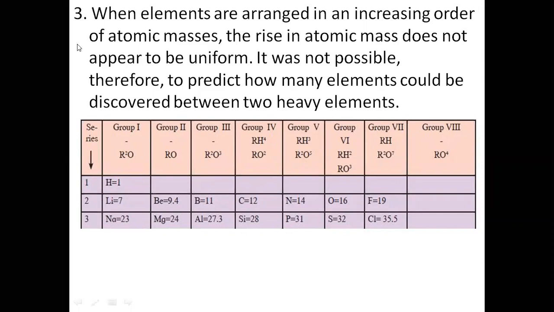Similarly, the next demerit is about uniformity. Before going to this chart, I'm giving you one example. Suppose there are some elements A, B, C, and the numbers given are 1, 2, 3, and 6.